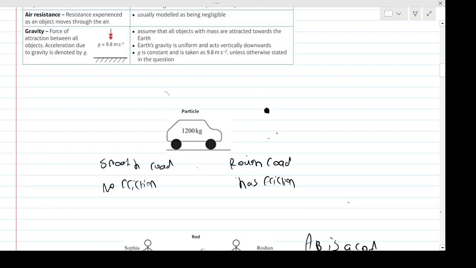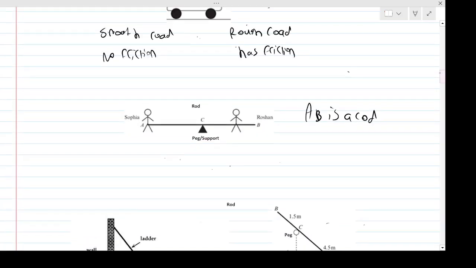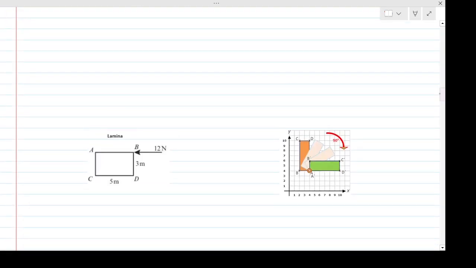So a particle is 0D, no dimension. A rod is a line, that's 1 dimension. And now a lamina is 2 dimensions. So now we have a rectangle, not just a line, not just a point. We only go up to 2 dimensions here, and honestly we don't look at laminas much, but we still need to know it.